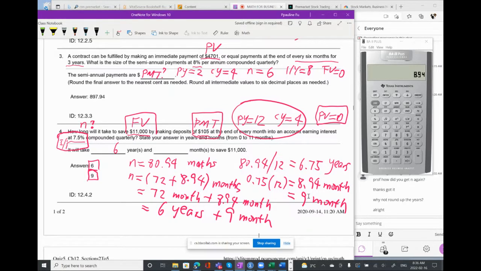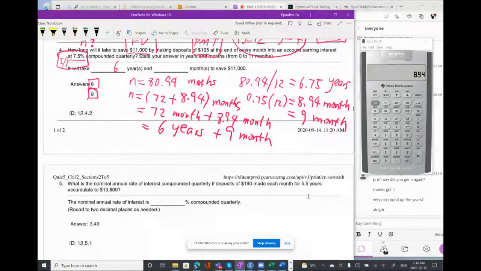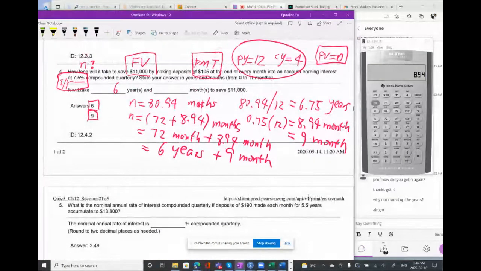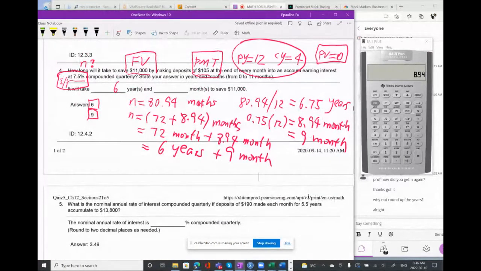All right. Last question. Question 5. What is the nominal annual rate compounded quarterly if deposits of 190 made each month for 5.5 years accumulate to 13,800?